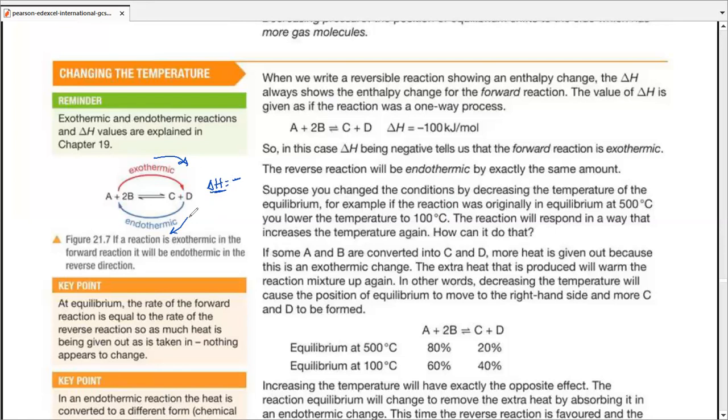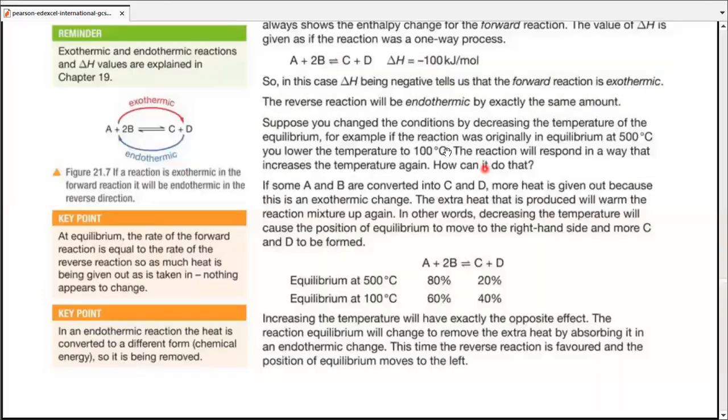Great. If it does make sense, you would understand that in this example of A plus 2B giving us C plus D, the forward reaction is exothermic and the reverse reaction is endothermic. And the delta H value is exactly the same amount for forward or reverse reaction. Now, moving on, suppose you change the conditions by decreasing the temperature of the equilibrium. For example, the reaction was originally in equilibrium at 500 degrees centigrade, and you lower the temperature to 100 degrees centigrade.